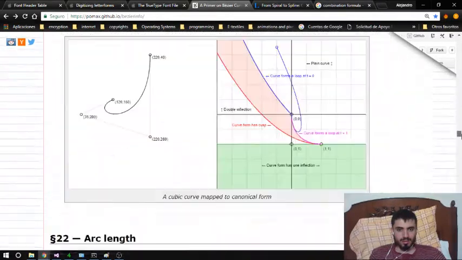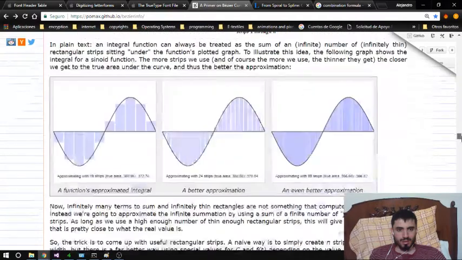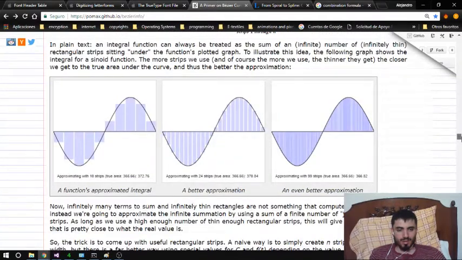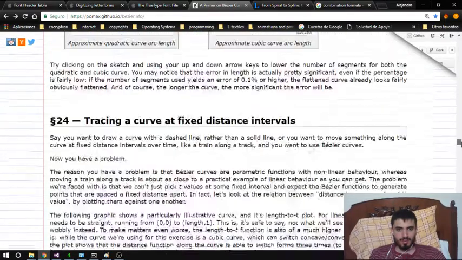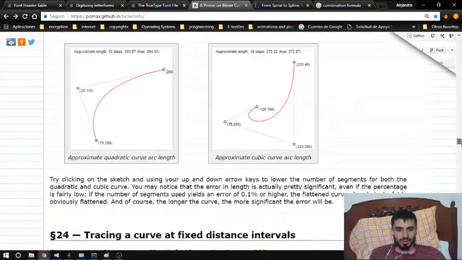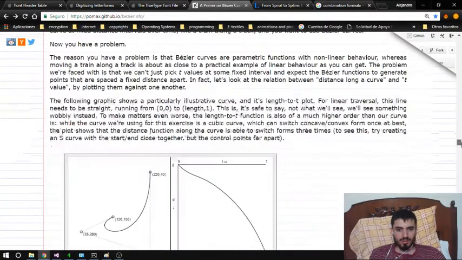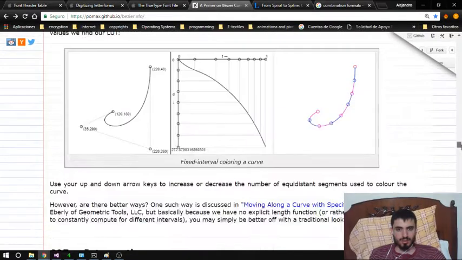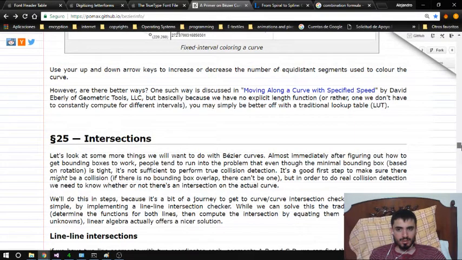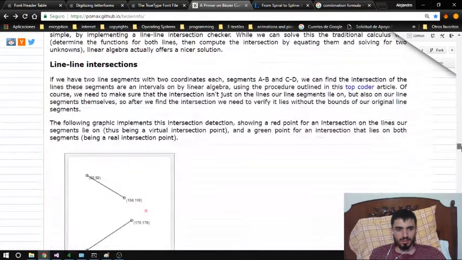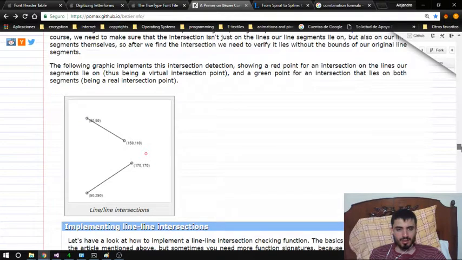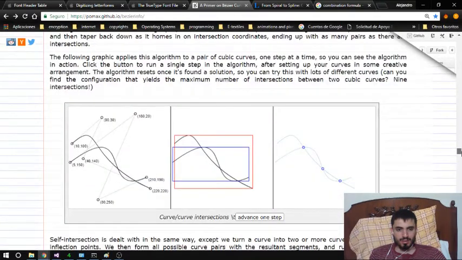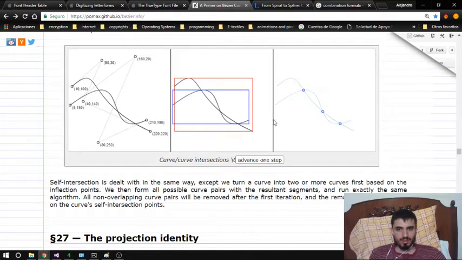Man, this goes really deep. The integral. Line intersections. Okay. There's curve intersection here.